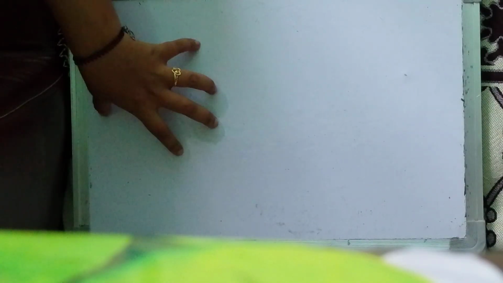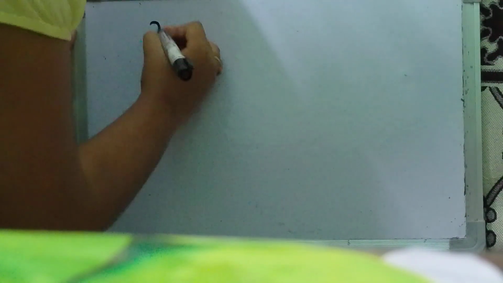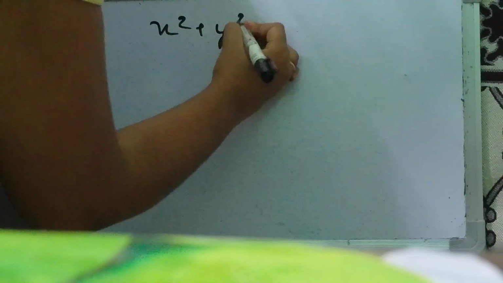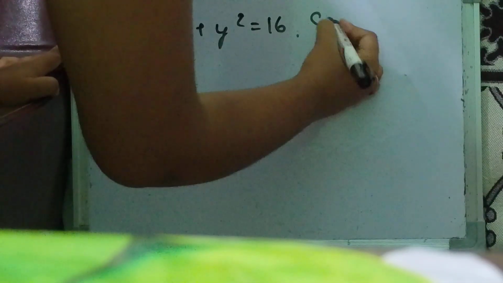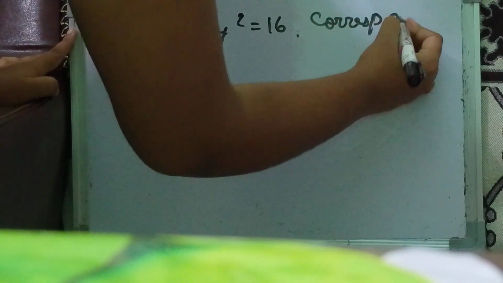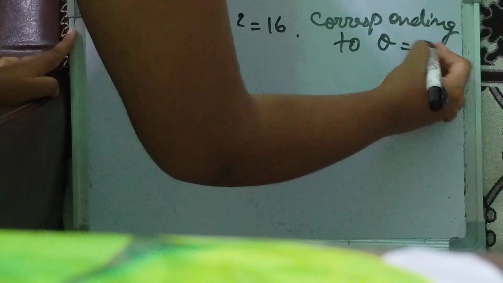Now we have to find the parametric point when the angle is given. Like when theta is given, we have to find the parametric point at that angle. For example, the equation of circle is x square plus y square is equals to 16, corresponding to theta equals to pi by 3.